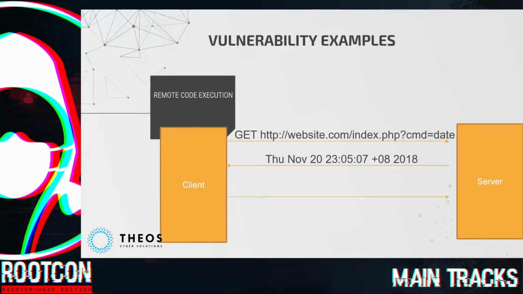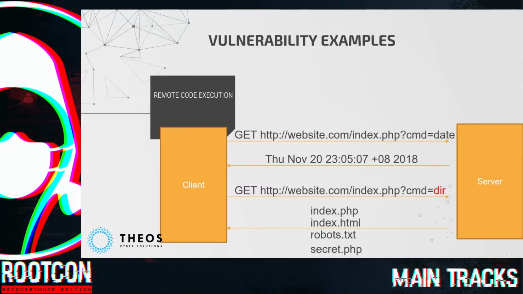Now, what if you issued a different command? So you issue cmd=dir. In Windows, dir is the counterpart of ls in Linux because it lists the directories and files in the present working directory.